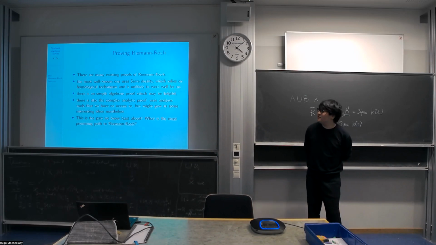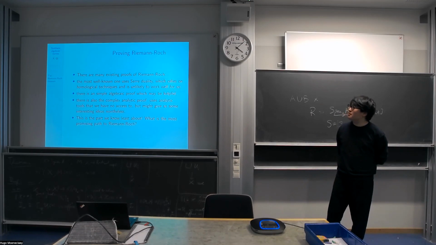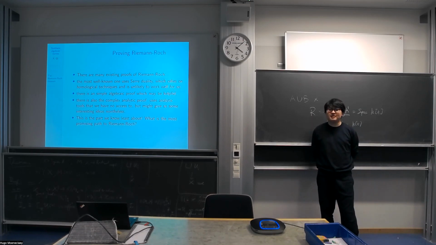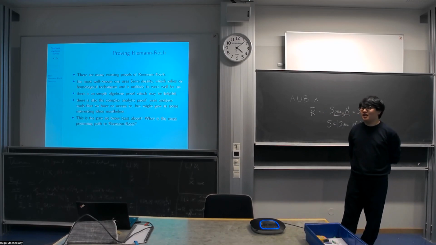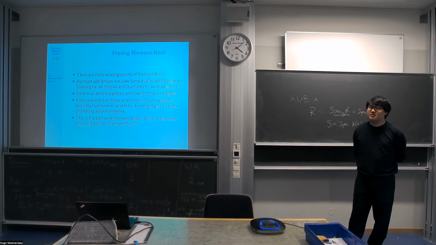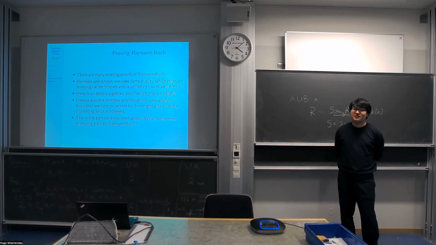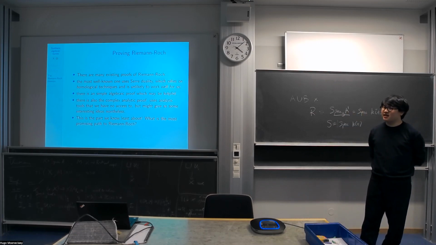There are many existing proofs of Riemann-Roch. The most well-known proofs use duality, and it's available in many algebraic geometry textbooks. It requires some homological techniques, and I don't know if it's going to work well. I'm not even sure if it is valid constructively.